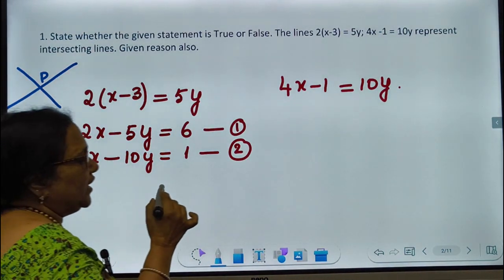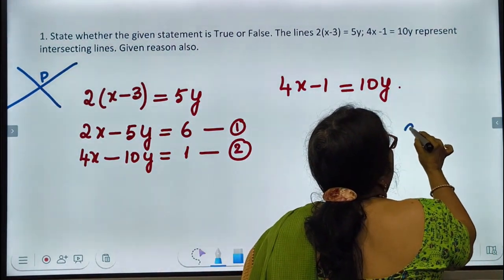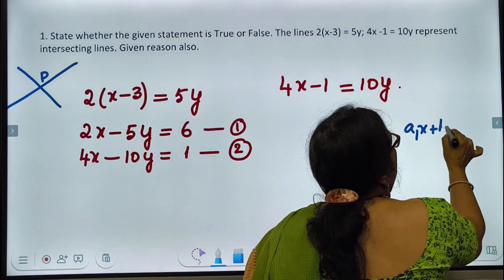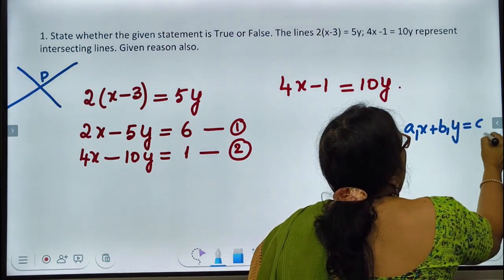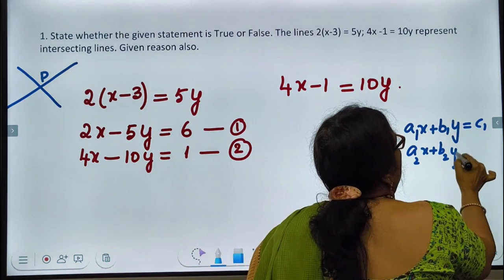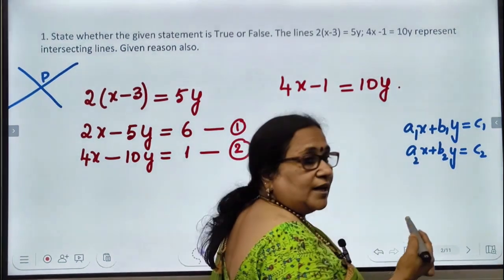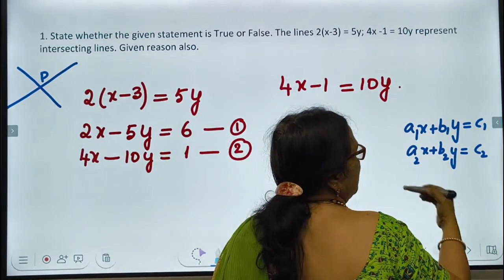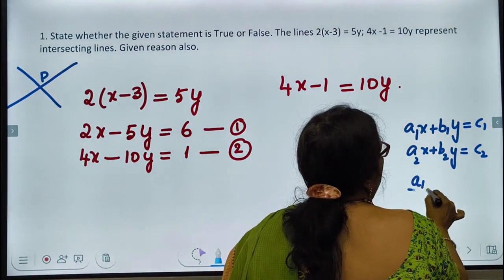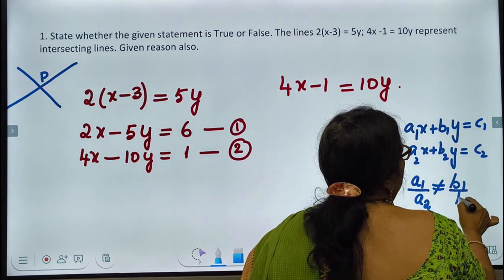Given two equations of the form a1x plus b1y equal to c1 and a2x plus b2y equal to c2, they will represent lines with a unique solution, or intersecting lines, if a1 by a2 is not equal to b1 by b2.